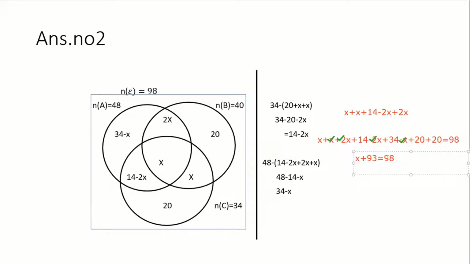So this x ends up giving us a 5. Yeah, so whichever method you use, you end up getting the same answer.